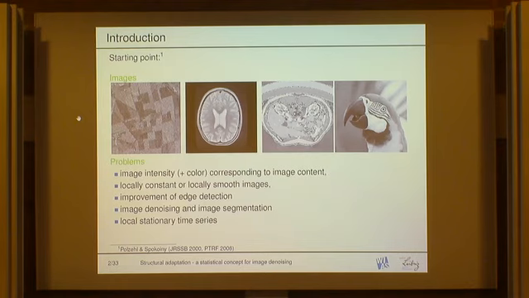So the problems that we were thinking about in the beginning were using assumptions of local constant or local smooth images, and then to use this assumption in order to improve on edge detection and use it for image denoising and image segmentation.